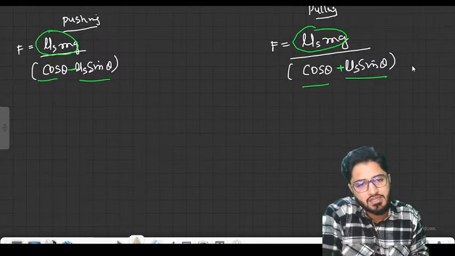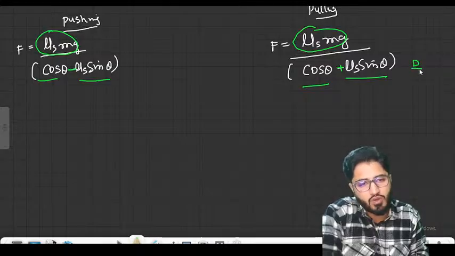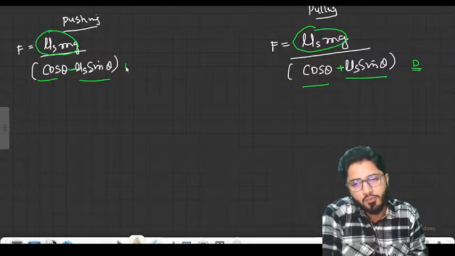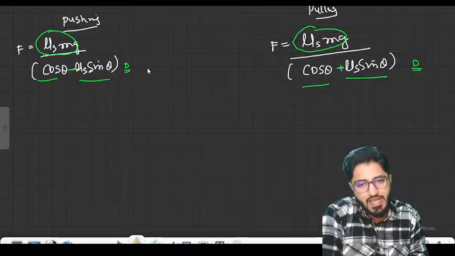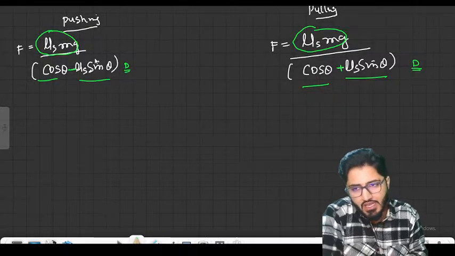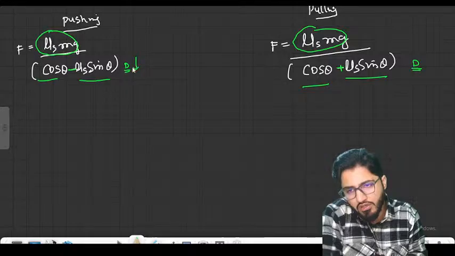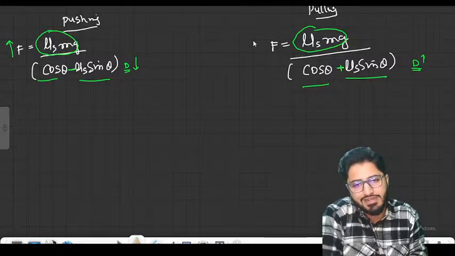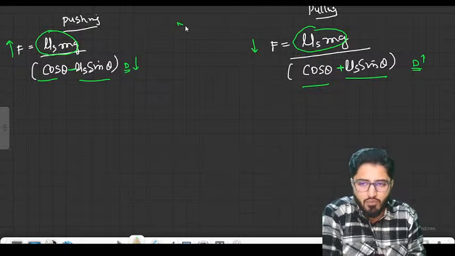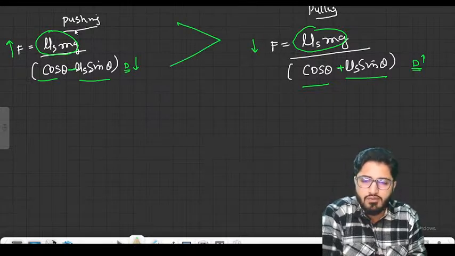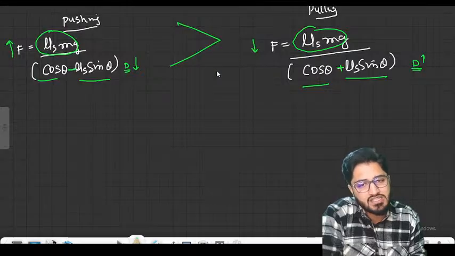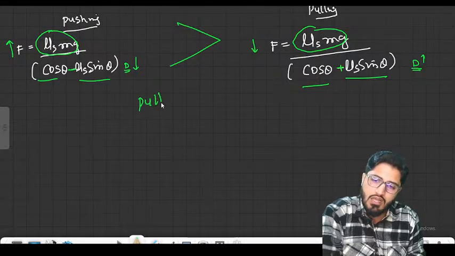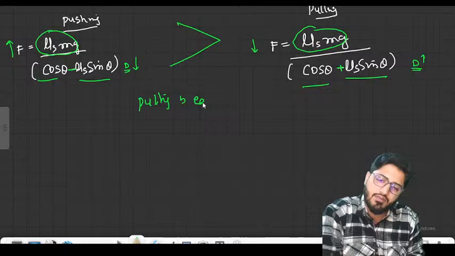You can see the denominator of the pulling one is big and the denominator of the pushing one is small as compared to the other. If the denominator is small, the force will be more. If the denominator is more, the force will be less. That means the more force will be needed in pushing than pulling. So easier is pulling.